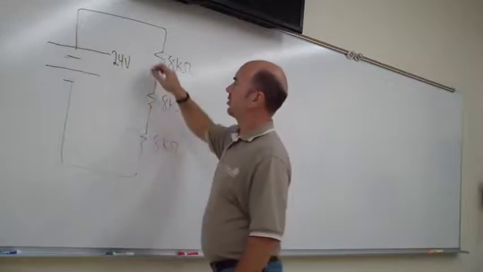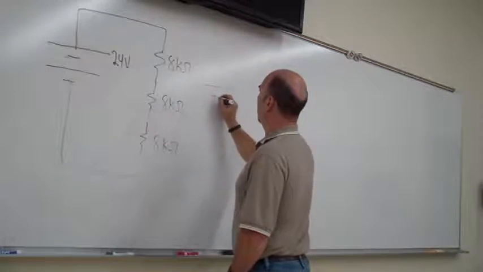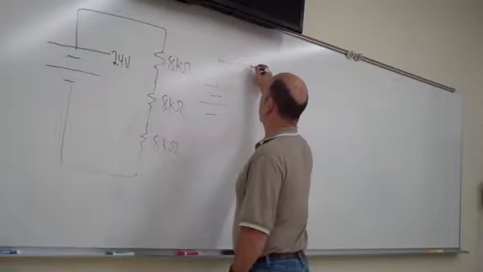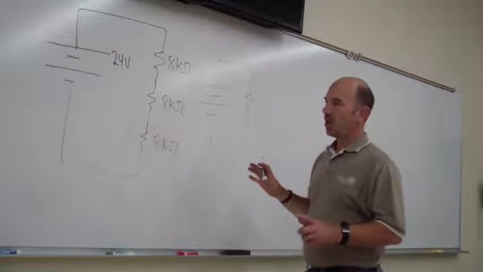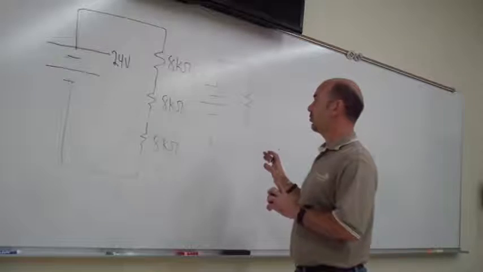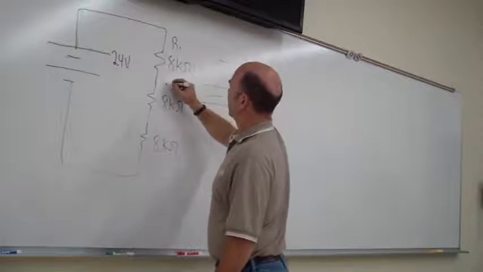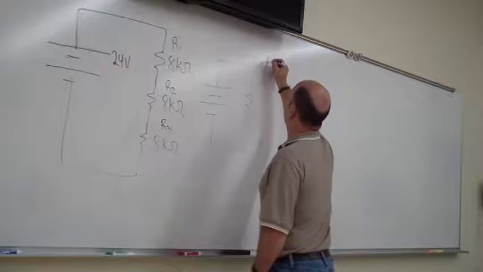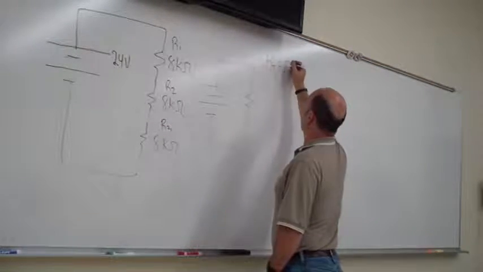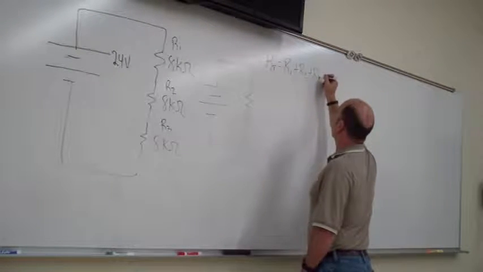In a series circuit, to figure out what the total resistance is, that means what would it be if I did this as a resistively equal circuit? Well, this is R1, this is R2, R3. Resistance total is going to equal R1 plus R2 plus R3.